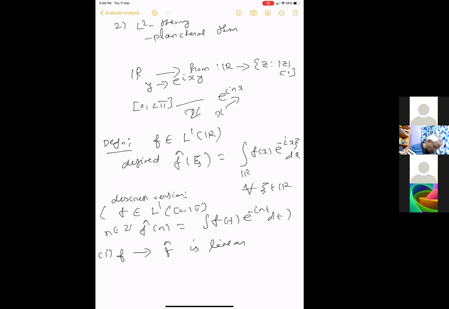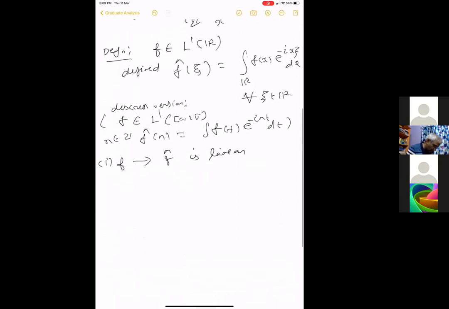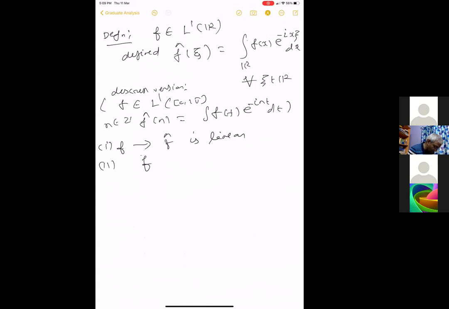Okay, so the second property is, if we take a conjugate, if we take f bar as a function, then the hat of f bar is equal to, you will get f bar here, but then the integral is like a summation. Even if it is a Riemann integral or a Lebesgue integral, it is like a summation.